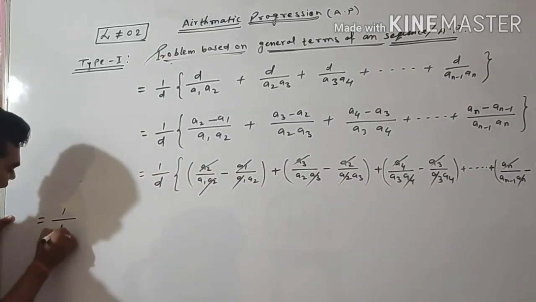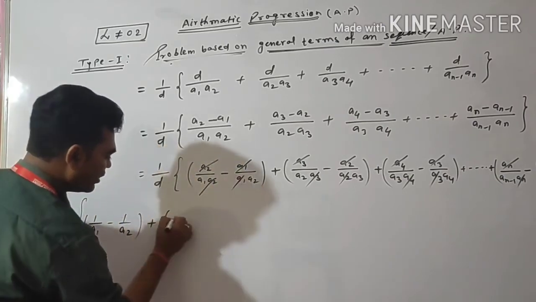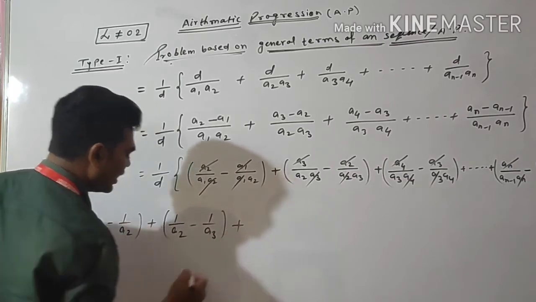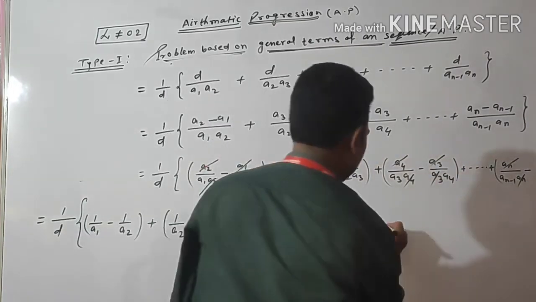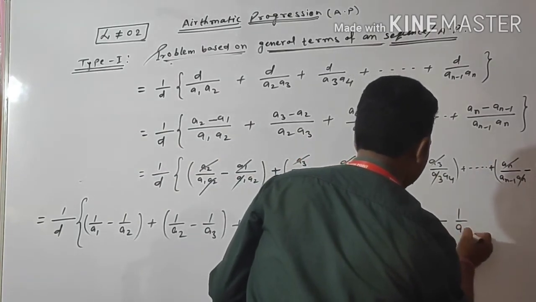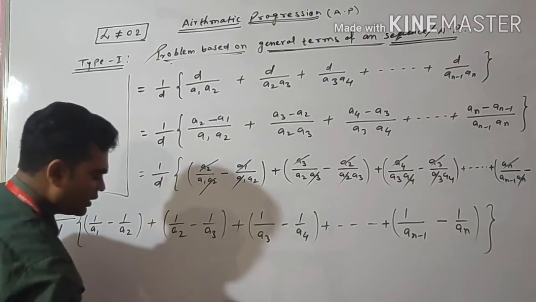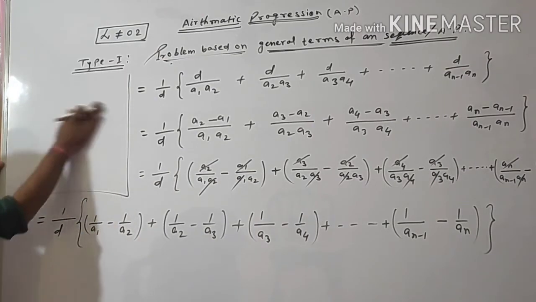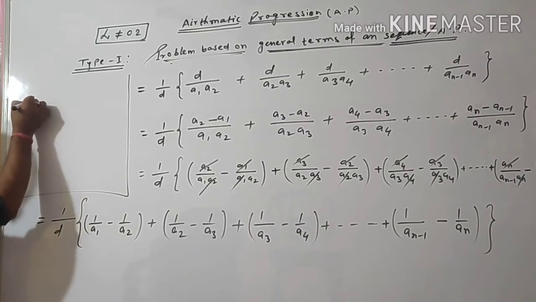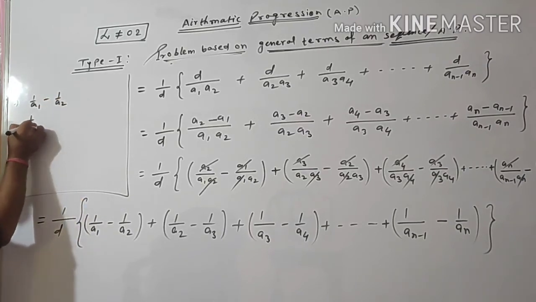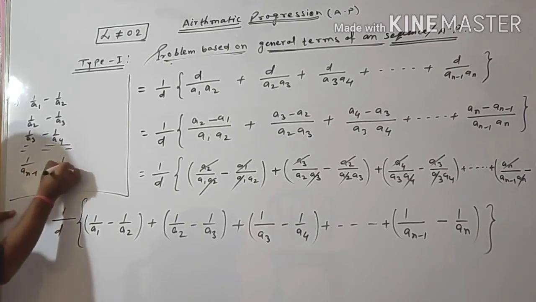And this equals 1 by D into first 1 by A1 minus 1 by A2 plus second 1 by A2 minus 1 by A3, third 1 by A3 minus 1 by A4 plus 1 by An minus 1 minus 1 by An. 1 by A1 minus 1 by A2 and 1 by A2 minus 1 by A3, 1 by A3 minus 1 by A4 and similar way 1 by An minus 1 minus 1 by An.